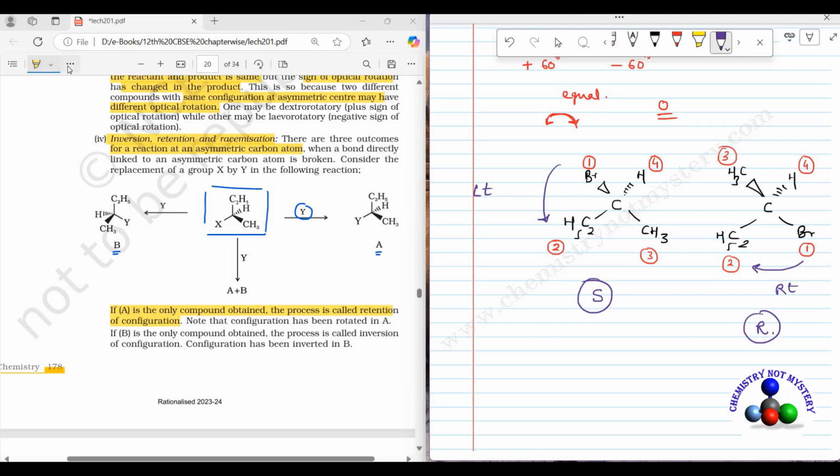So here, as X and Y are not defined, we cannot assign the configuration of the molecule. That's why you will have difficulty finding the configuration of the molecule.